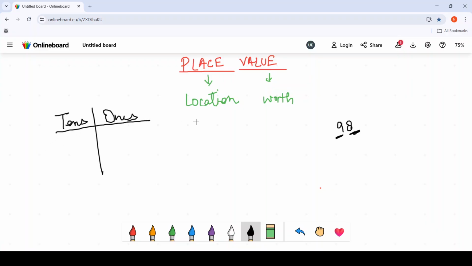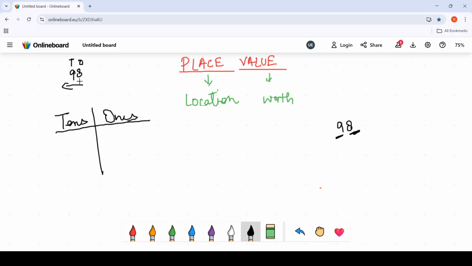When you see the number 98, 8 is at ones place and 9 is at tens place. The rightmost digit will always be ones, and as you move to the left, you'll get tens place, then hundreds, and so on. After tens, we'll discuss hundreds, but in the next lesson.